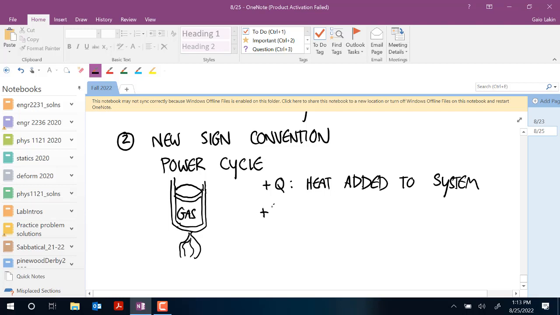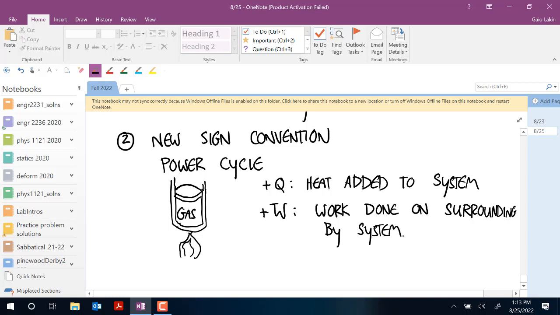And positive W is work done on the surroundings by the system. Okay, so if you keep those things in mind, other than that, it's still just conservation of energy.